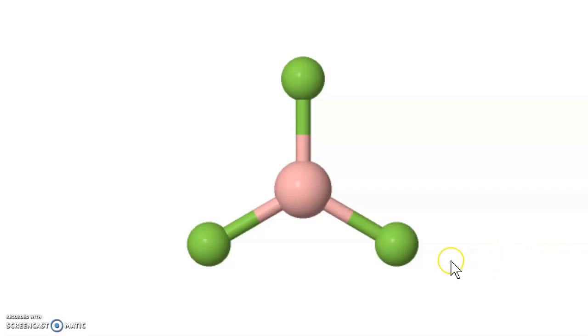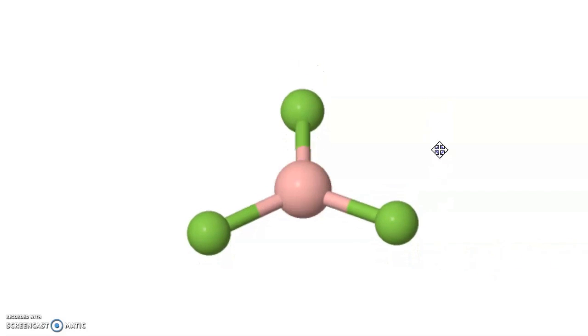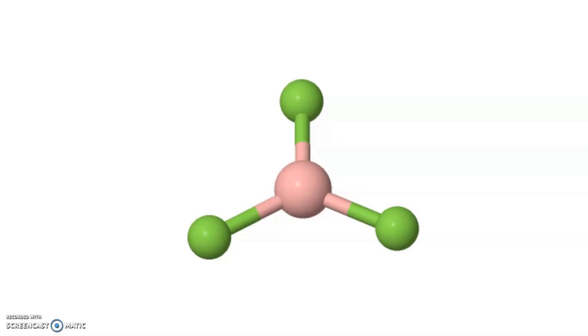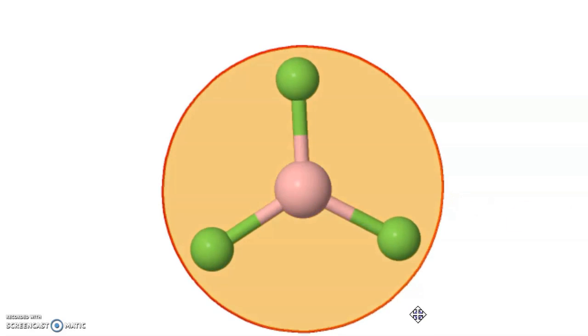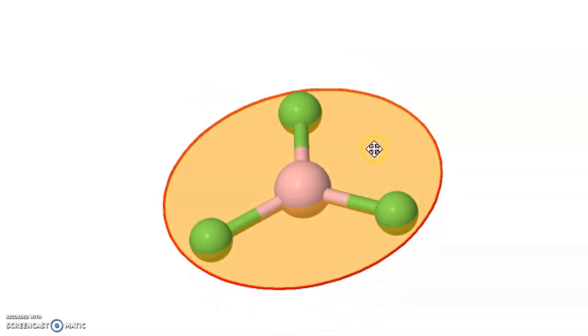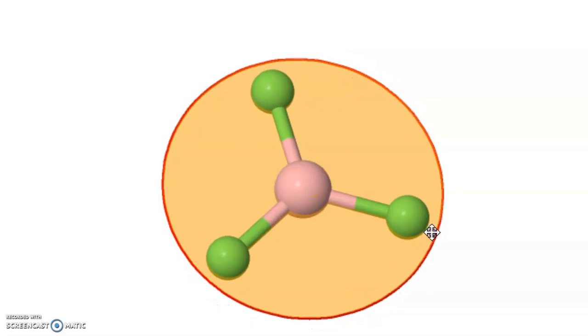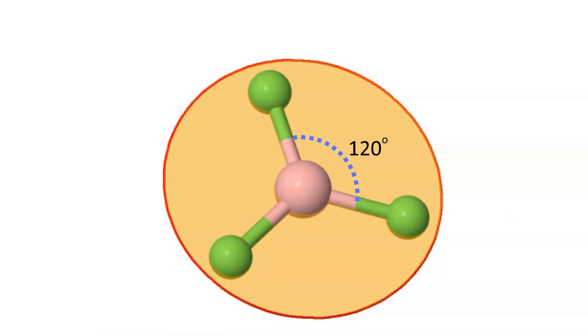Say, for example, if I take a boron trifluoride molecule, we know that boron trifluoride is a planar molecule and each bond is separated by an angle of 120 degrees.